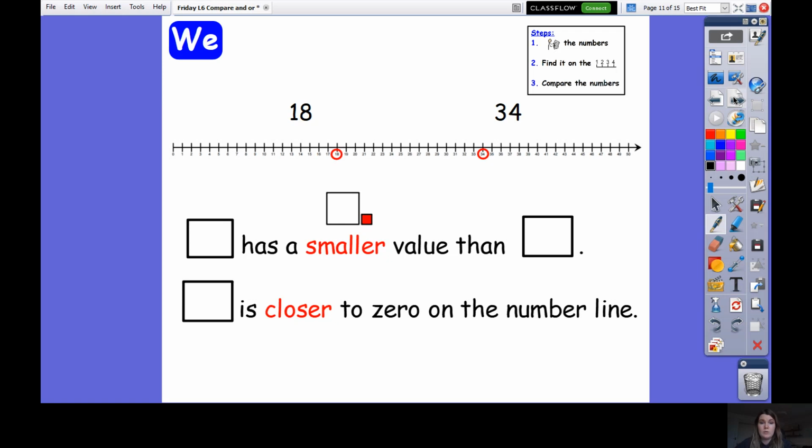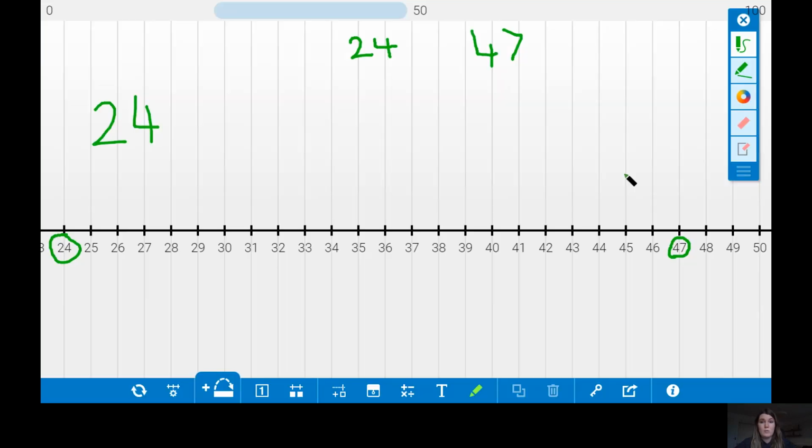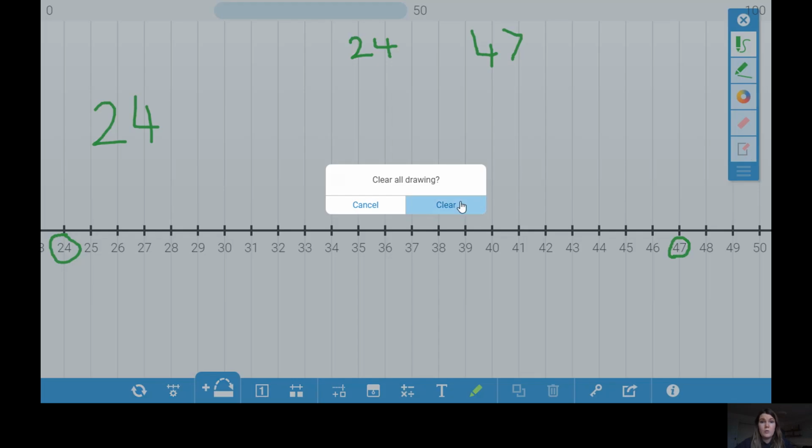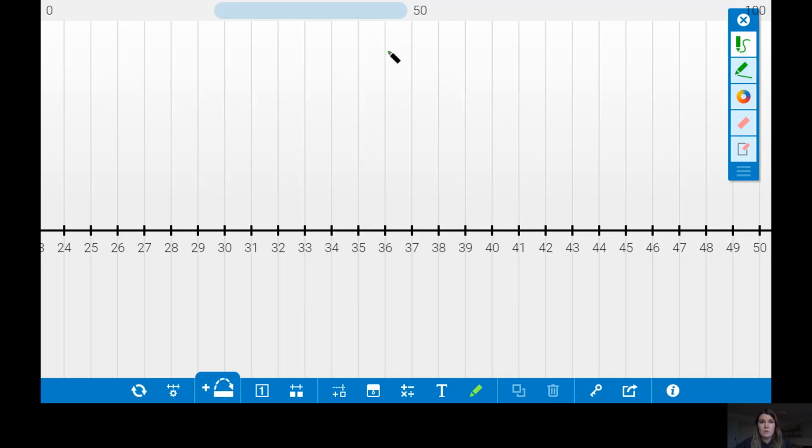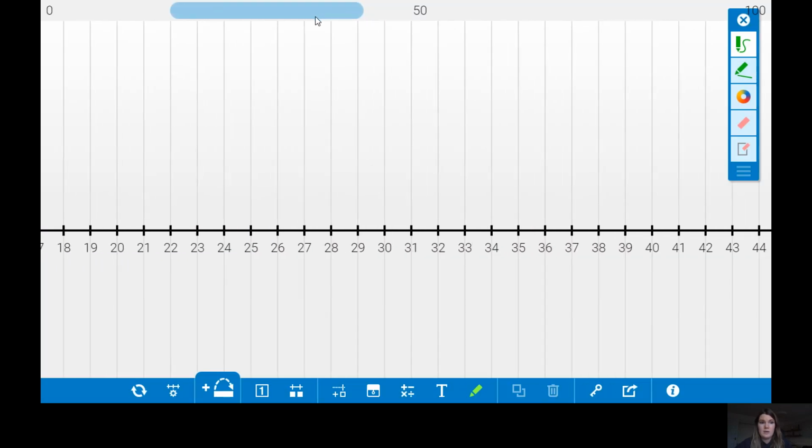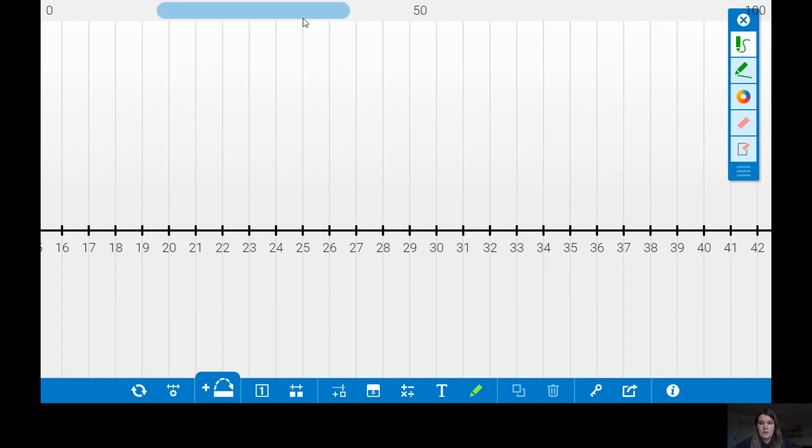We're looking for the smallest number, which means it's closest to 0. I'm going to move my number line along so you can have a go. Put me on freeze and do this for 2 minutes. Off you go.